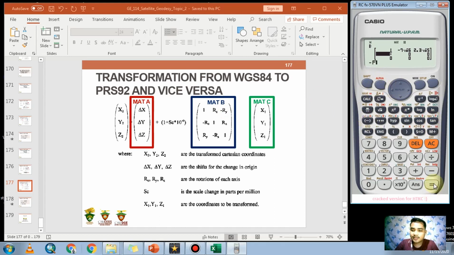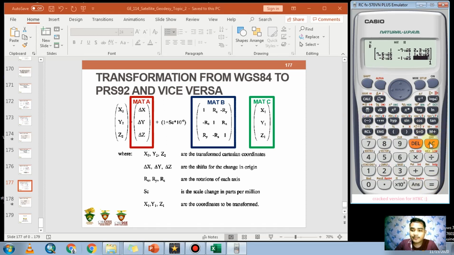Then 1. Then RX is in D. Negative RY in memory E, and negative RX in D, and 1. So we're good for B.